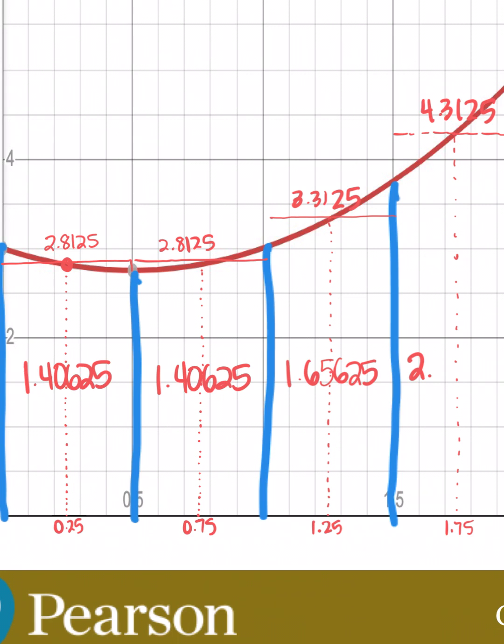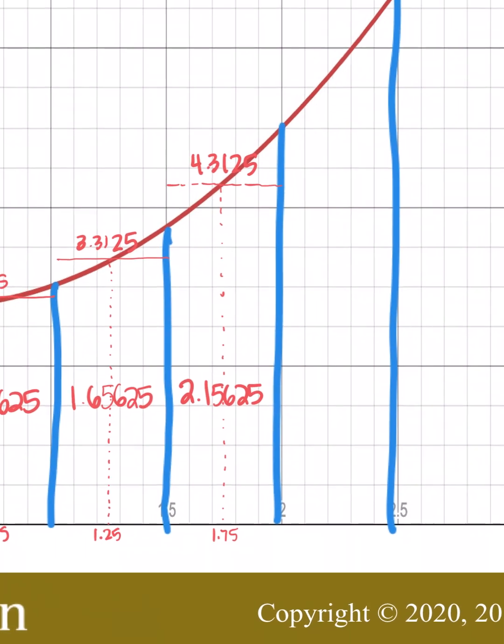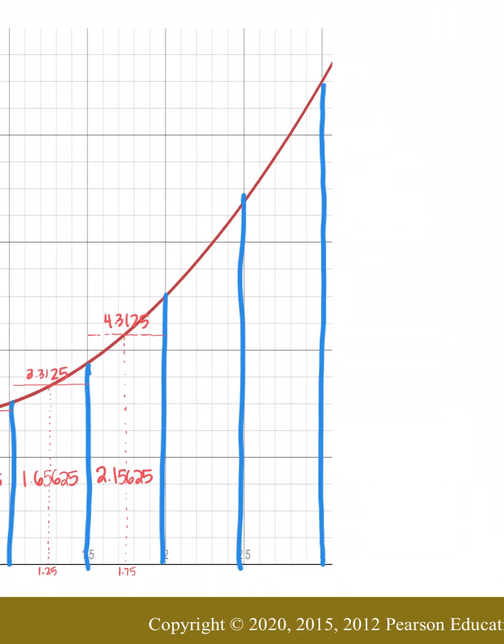Say it again, Christian. 2.1565. All right, and then we're going to do rectangle 5 and rectangle 6 using the same strategy, and then add them up.